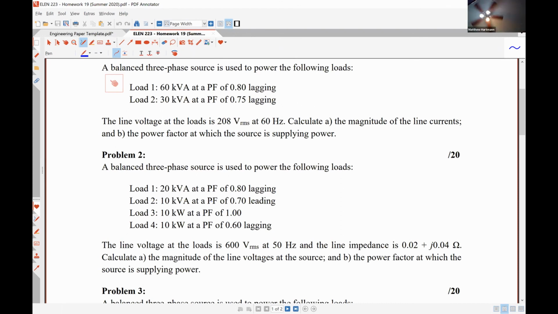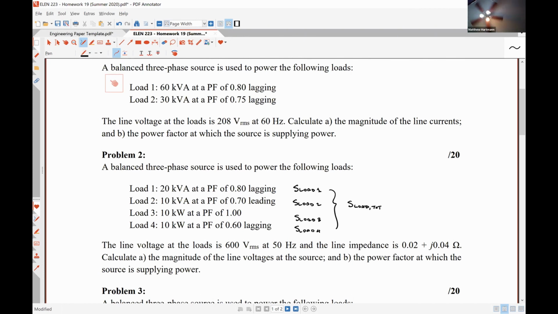We would find S load 1, S load 2, S load 3, S load 4, and add all these together to get S load total.